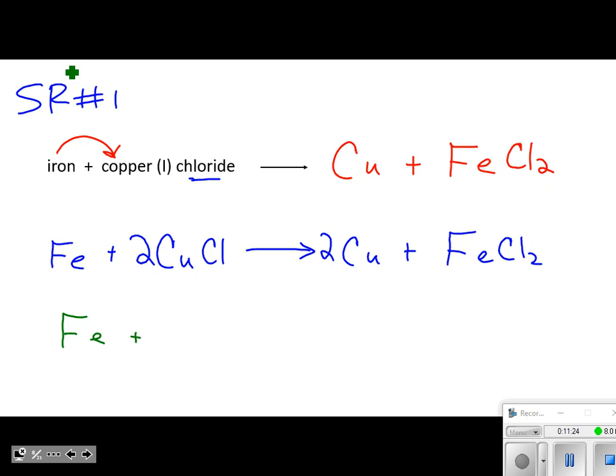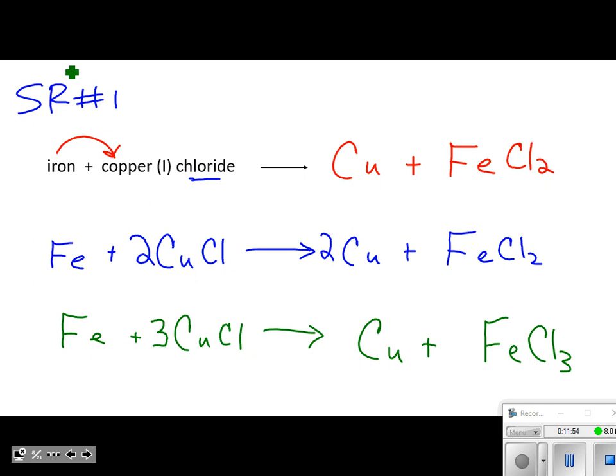Fe plus copper 1 chloride. Let's say that I use iron 3. So I'm going to have FeCl3. Now, what's going to be different here? What do you think, Lillian? Right, it's just going to be balancing a little bit different. So right here, I'm going to have a 3 here for 3 chlorines.